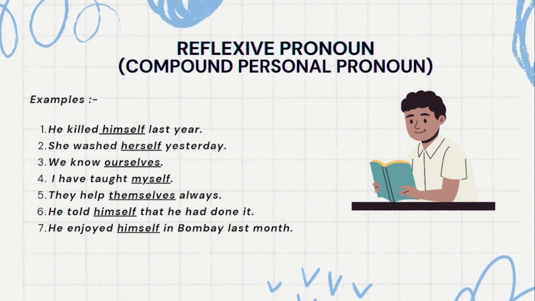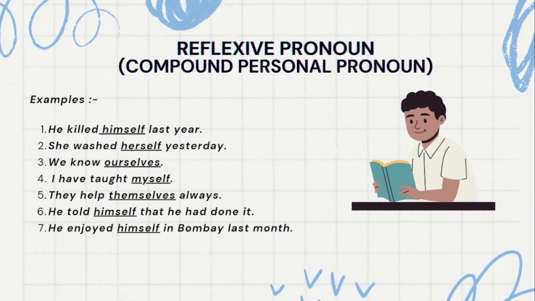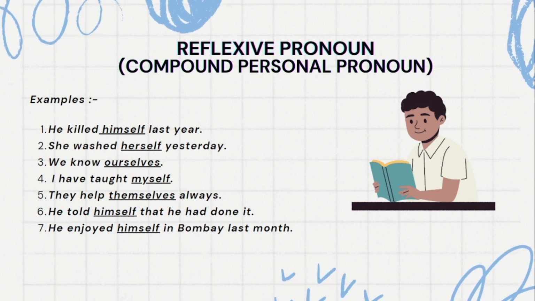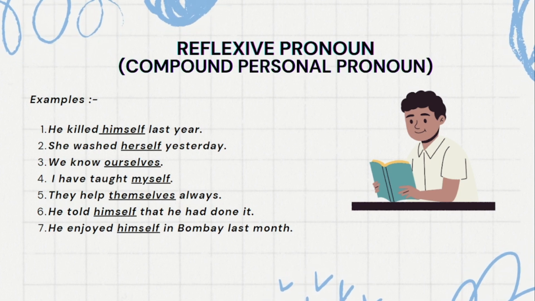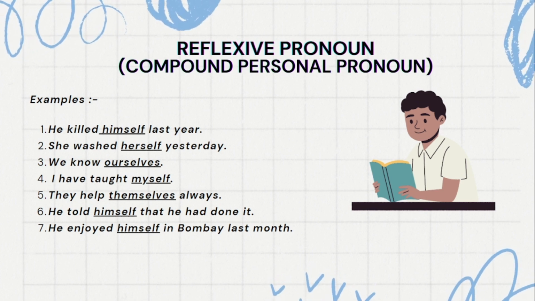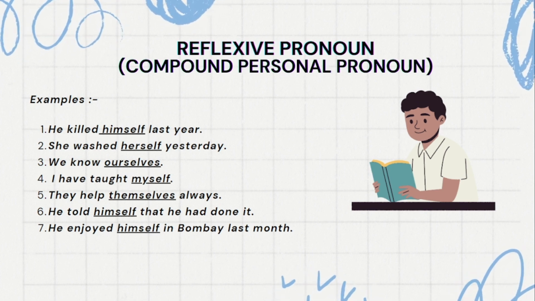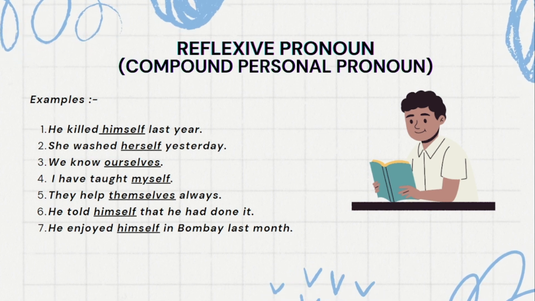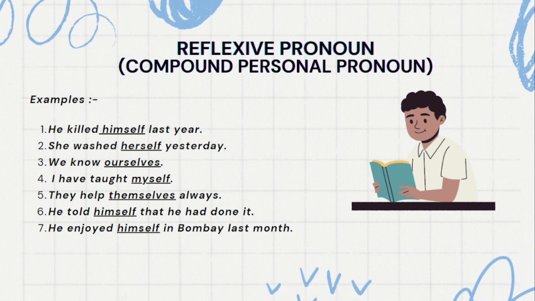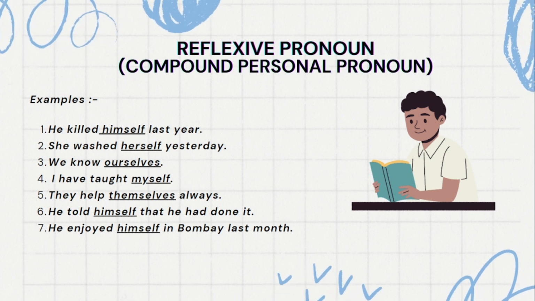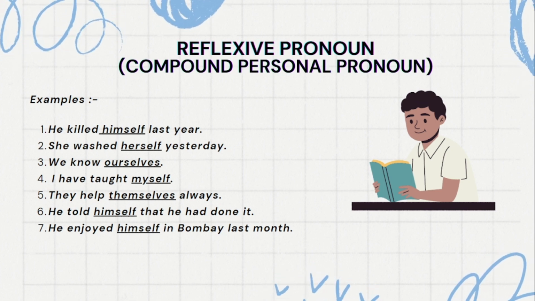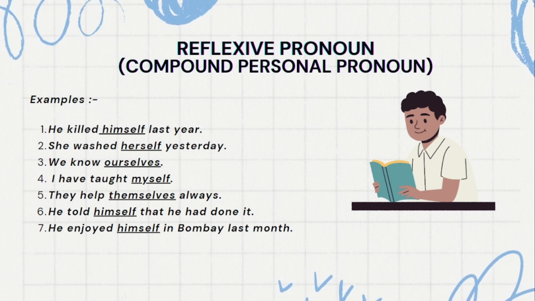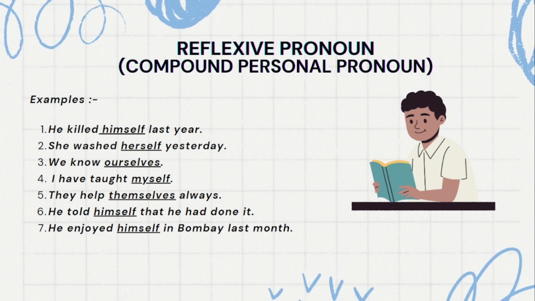Sixth one. He told himself that he had done it. In this sentence, subject is he. Told is the main verb. Then find out the object. Use any one of the question words to find out the object. Whom told? Answer is himself. Here the object is himself. Here the subject and object both are the same person.